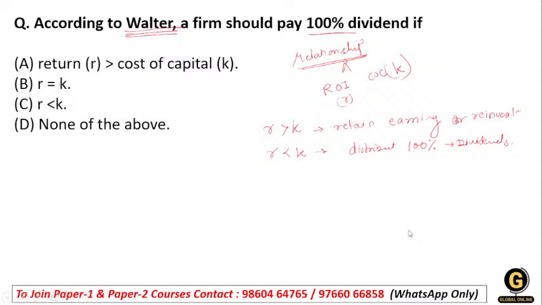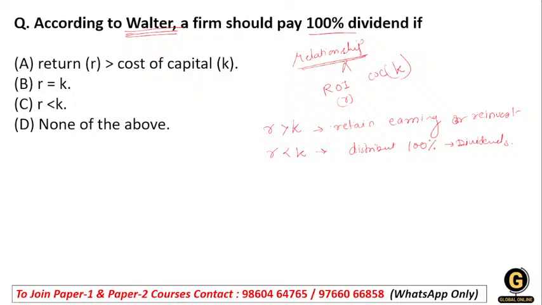So that's why, whenever the return is less than the cost of capital, Walter said the company should pay 100% dividend to its shareholders, because they do not have sufficient return to retain.